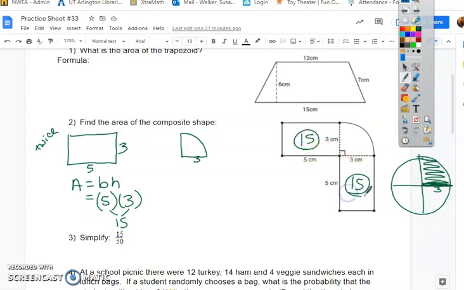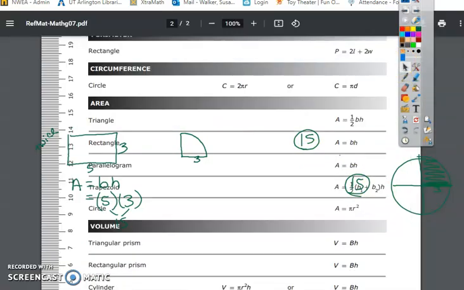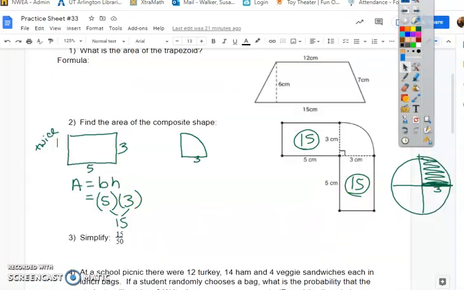Now for area of a circle, just so we don't confuse it with circumference, A equals pi r squared, right there. And whatever we have, guys, remember this is 1/4 of the circle. That's 1/4, so whatever I get, I have to divide it by 4.